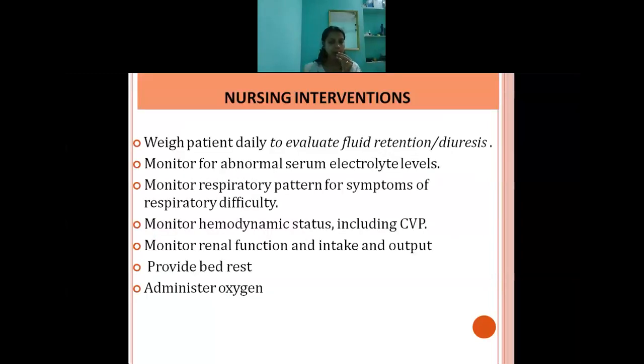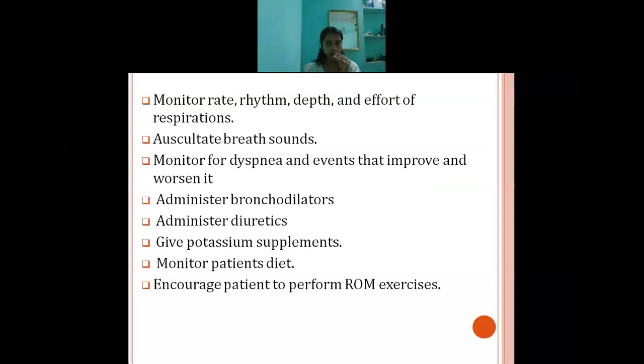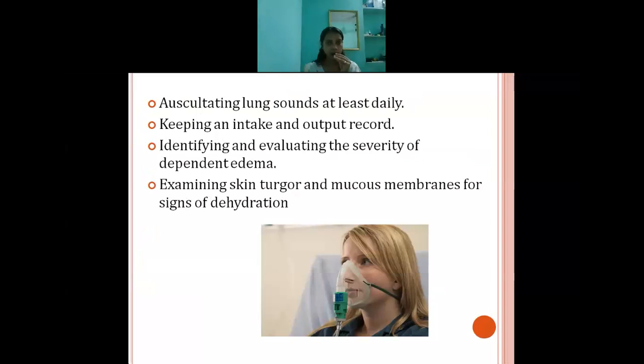Nursing interventions I have already discussed one by one. Assess the condition of the patient, assess the weight of the patient, monitor renal function tests, liver function tests, intake and output, administer oxygen, provide bed rest for the patient, provide all the medications, reduce salt intake in the diet, you can provide potassium supplement to the patient, monitor for dyspnea, provide semi-Fowler's position, auscultate for breath sounds or abnormal heart sounds, then examine the skin turgor of the patient to check for any dehydration, and check the edema of the patient.